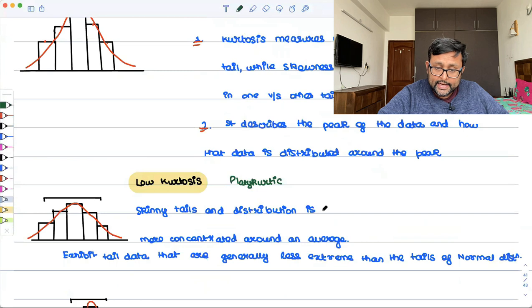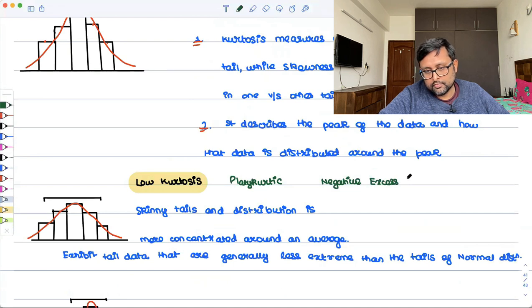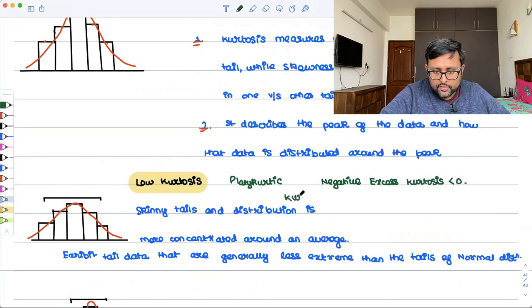So it has a negative excess kurtosis, an excess kurtosis of less than 0, and kurtosis of less than 3, right?